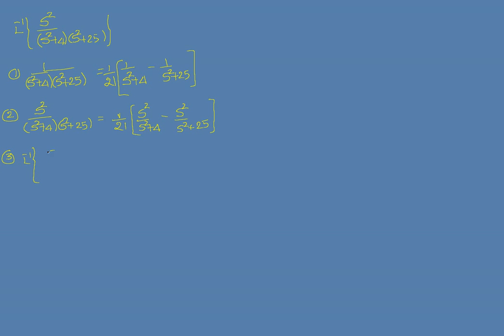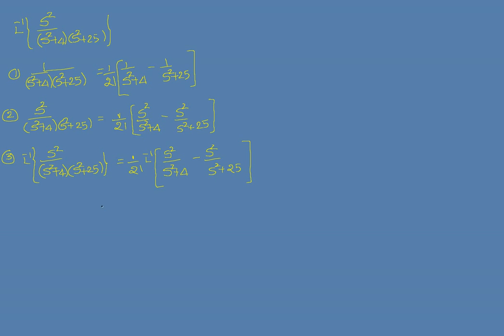L inverse of s square by s square plus 4 into s square plus 25 is equal to 1 by 21 into L inverse of s square by s square plus 4 minus s square by s square plus 25.